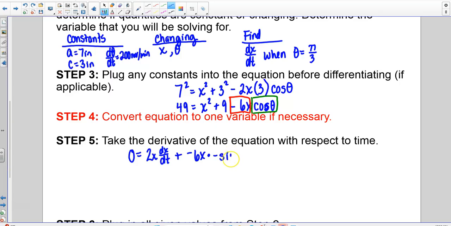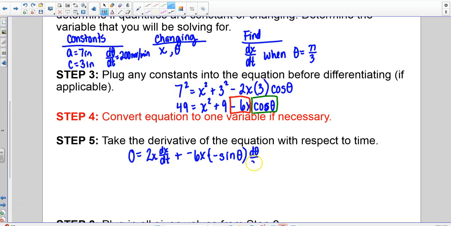Negative sine of theta, plus cosine theta times the... oh, I've messed up. Cosine's okay. That's not where I messed up. I messed up here. Parentheses wouldn't hurt to keep it from being confusing, but I had a dot there for multiplication, so it was okay. d theta/dt.